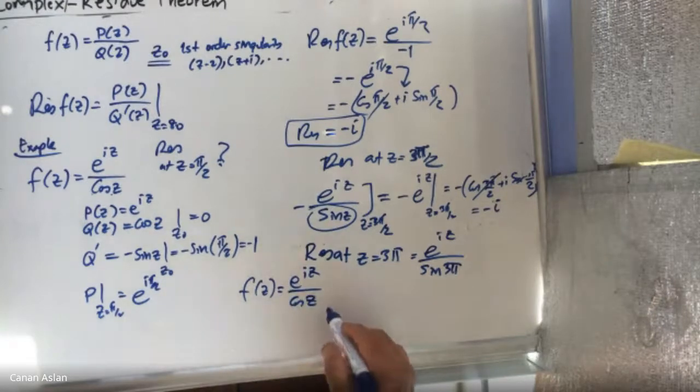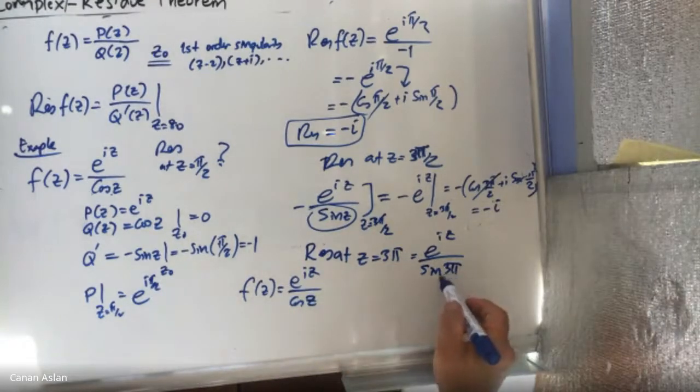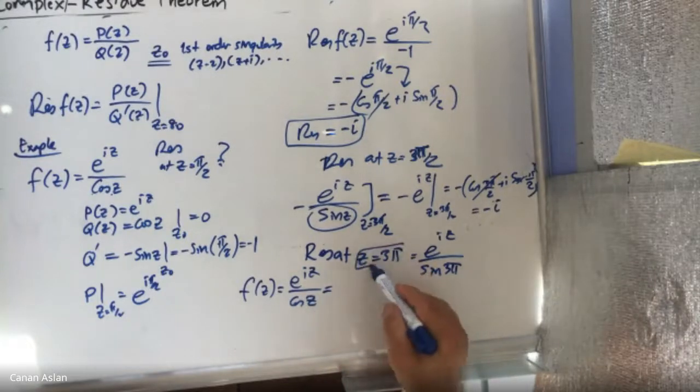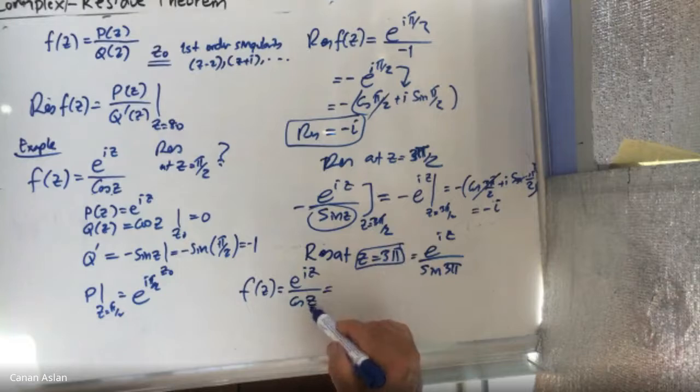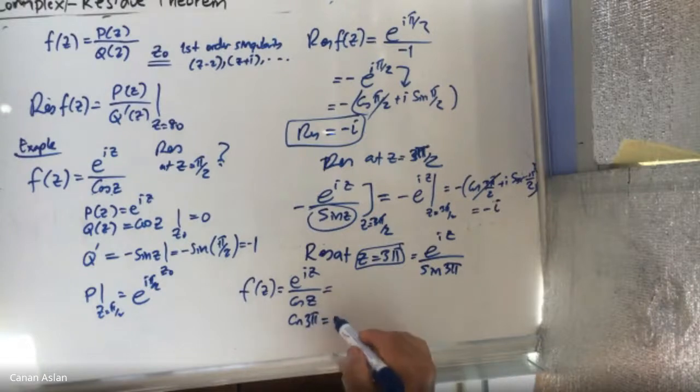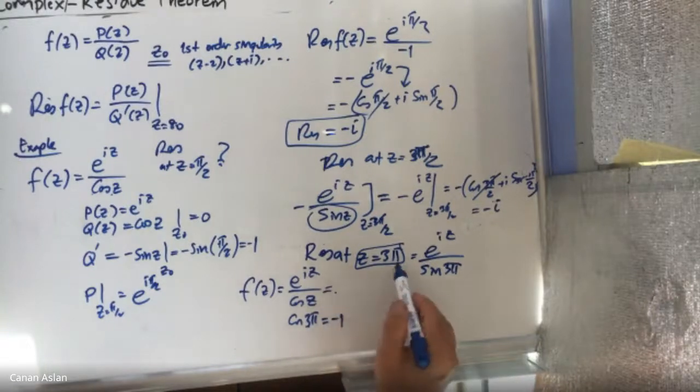If we put 3 pi, cosine 3 pi doesn't give you 0, and then you can just insert. Because at z equals 3 pi, this doesn't blow up, because cosine of 3 pi is nothing but minus 1. So it's just minus 1.